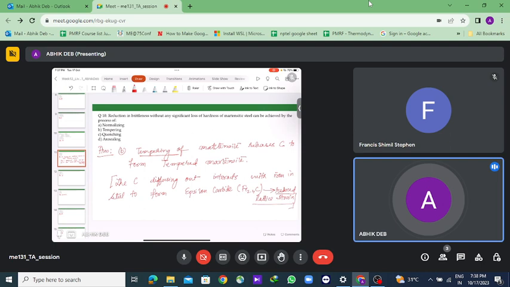So in the case of austempering, will there be any diffusion similar to martempering? See, in the austempering process, what do we do? We basically heat it to above the martensite start temperature, right?